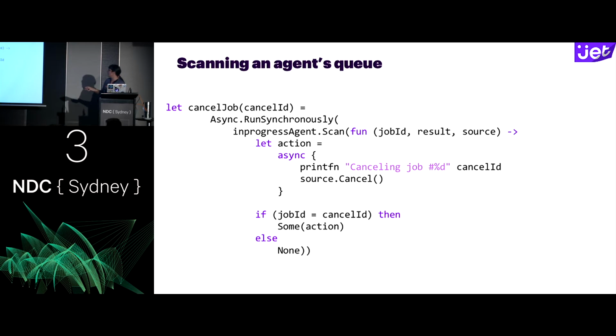Here, we just do a quick source.cancel, and if that exists, then run that action that we've just created. Otherwise, don't do anything. So if we find the job that we're looking to cancel in this scan, then we will actually cancel it. The important part here is just the scan.